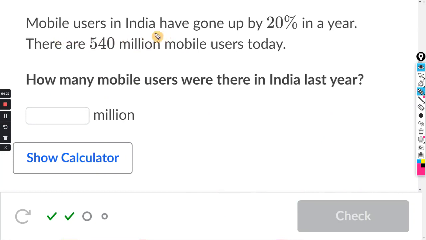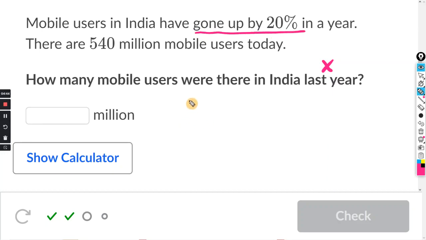Mobile users in India have gone up by 20% in a year. There are 540 million users today. How many users were there in India last year? Okay, since we don't know how many were in India last year, we can just call that number X. But they said it's gone up by 20%.